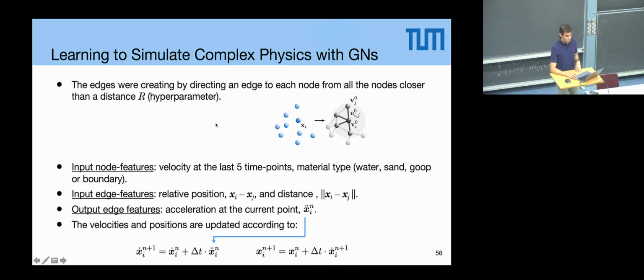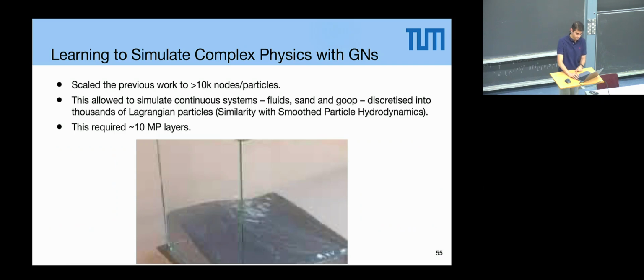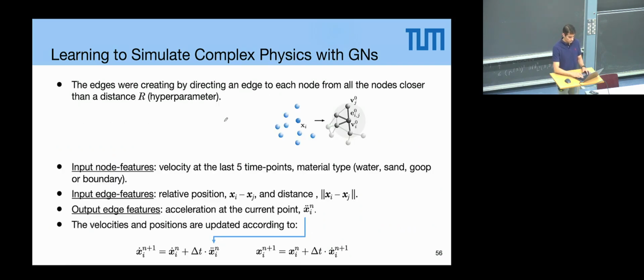Okay, now let's see how they created the graph. So let's say we are working with fluid, so we have our fluid discretized into some moving particles like we could see here. So we need to create some edges. In the previous paper each node was connected to every other node. That would be quite expensive if we want to use message passing, because the number of edges scales quadratically with the number of nodes.